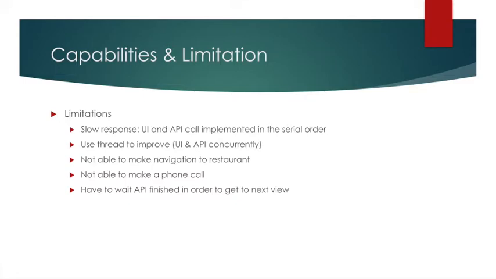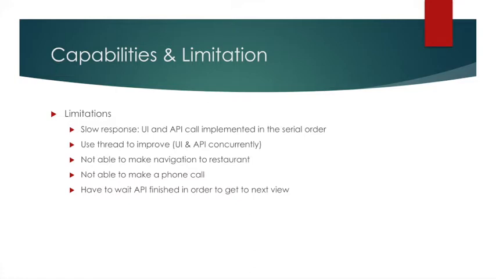About the limitations, the first one is that my application loads very slowly at the very beginning, like when running the application for the first time. For the reason, I guess it is because the UI and the API call were implemented at the same time using the main queue.